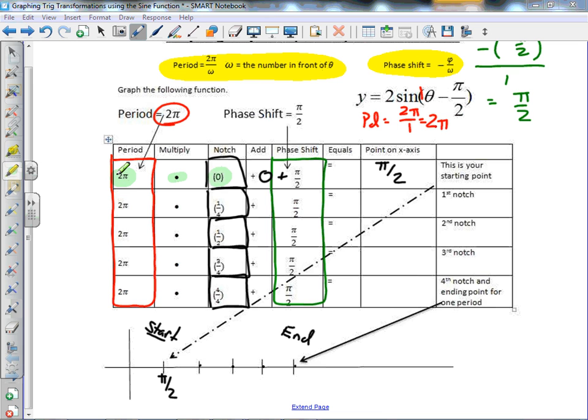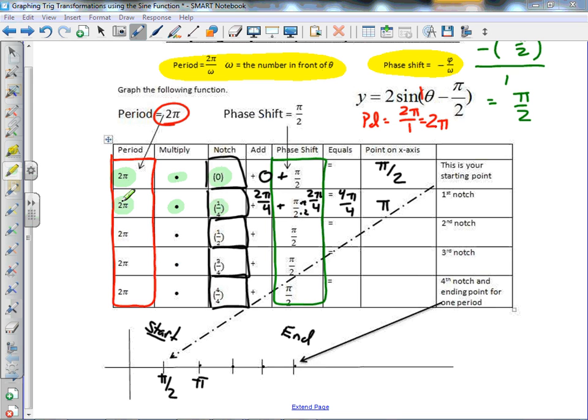Now, 2 pi times 1/4 is going to give me 2 pi over 4 plus pi over 2. We don't have a common denominator. If we multiply the top and the bottom by 2, we'll get 2 pi over 4, and 2 pi plus 2 pi gives me 4 pi over 4, which just gives me pi.